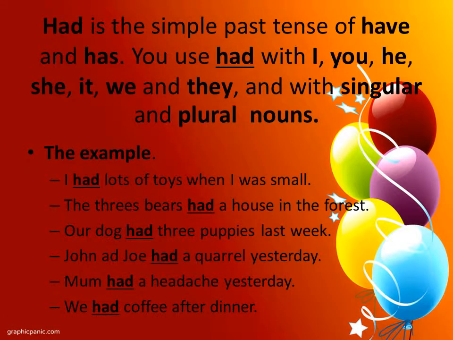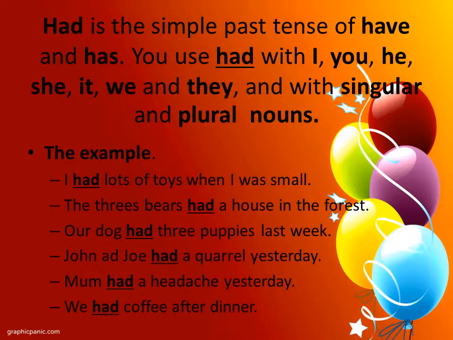Had is the simple past tense of have and has. You use had with I, you, he, she, it, we, and they, and with singular and plural nouns. For example: I had lots of toys when I was small.